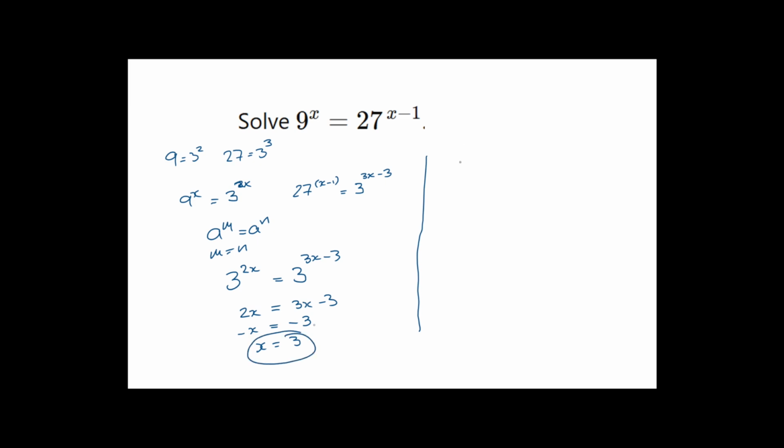And then if we do it by logs, so x log of 9 equals x minus 1 log of 27. Is that going to help us? It's going to make life actually a little bit more complicated, isn't it?